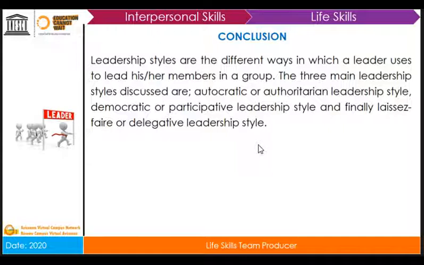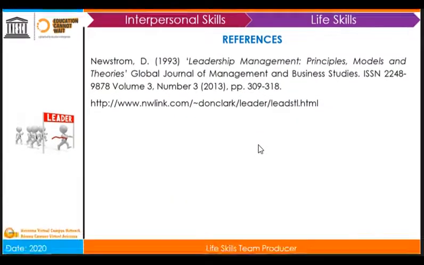And the 3 main leadership styles we have discussed are autocratic or authoritarian leadership style, democratic or participative leadership style, and finally, laissez-faire or delegative leadership style.